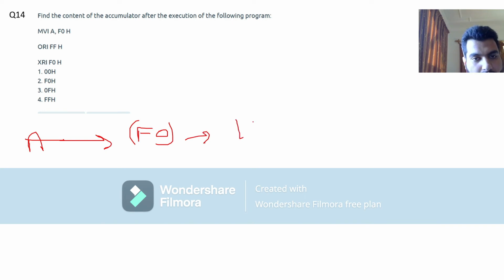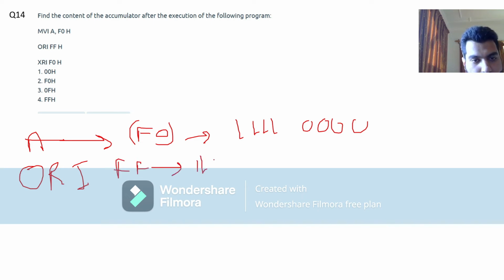F0 is simply 1 1 1 1 0 0 0 0. Then we have an OR operation, ORI FF with the contents of the accumulator. ORI FF is 1 1 1 1 1 1 1 1, ORed with 1 1 1 1 0 0 0 0.